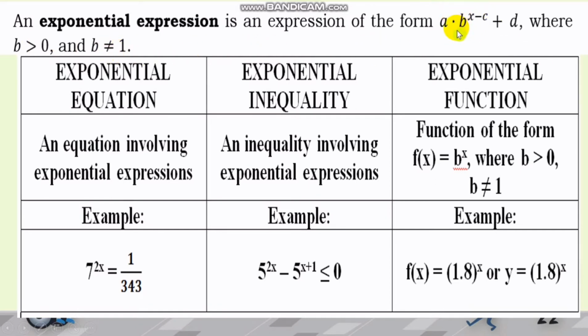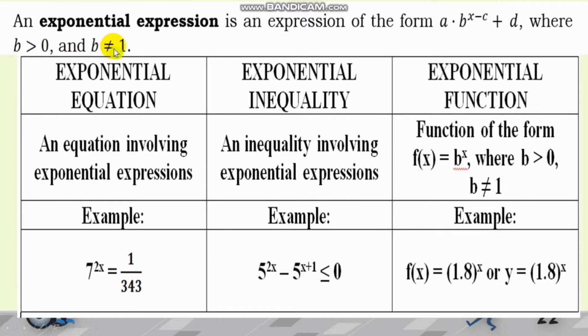Also, take note, ang exponential expression, it contains also variables in the exponent. So, ibig sabihin may mga variables sa exponent niya. Ngayon, anong exponential equation? Ang exponential equation ay equation siya involving exponential expression. Again, yung base, so we have this one, base should be greater than 0 and it should not be equal to 1.